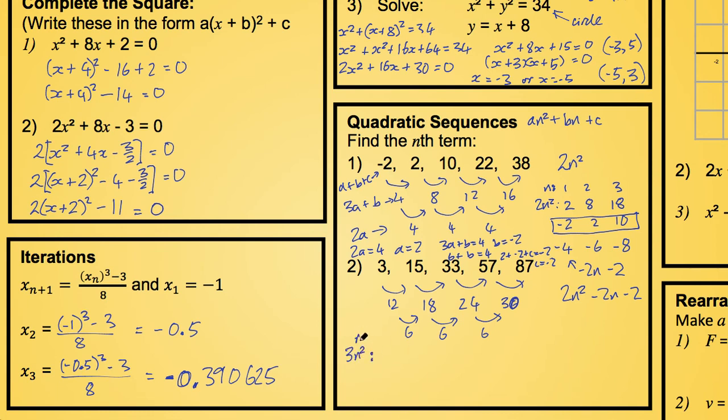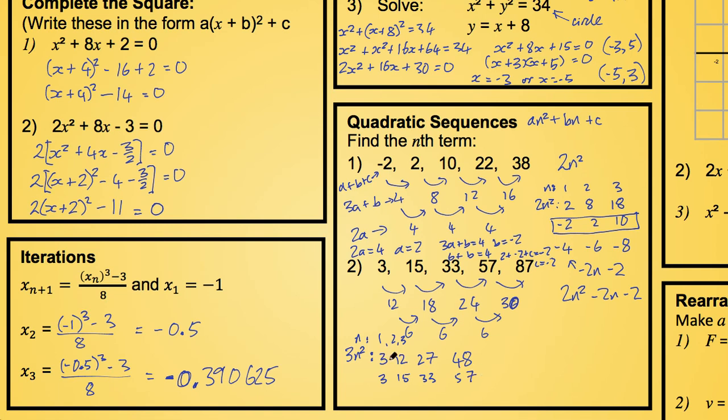If I think about n, again I've got 1, 2, 3, etc. 3 times 1 squared is 3, 2 squared is 4, so 3 times 4 is 12, 3 squared is 9, 3 times 9 is 27, the next one would be 4 squared 16, and 3 times 16 is 48. So that's my sequence 3n squared, and I need to look at the sequence I've got, 3, 15, 33, 57.